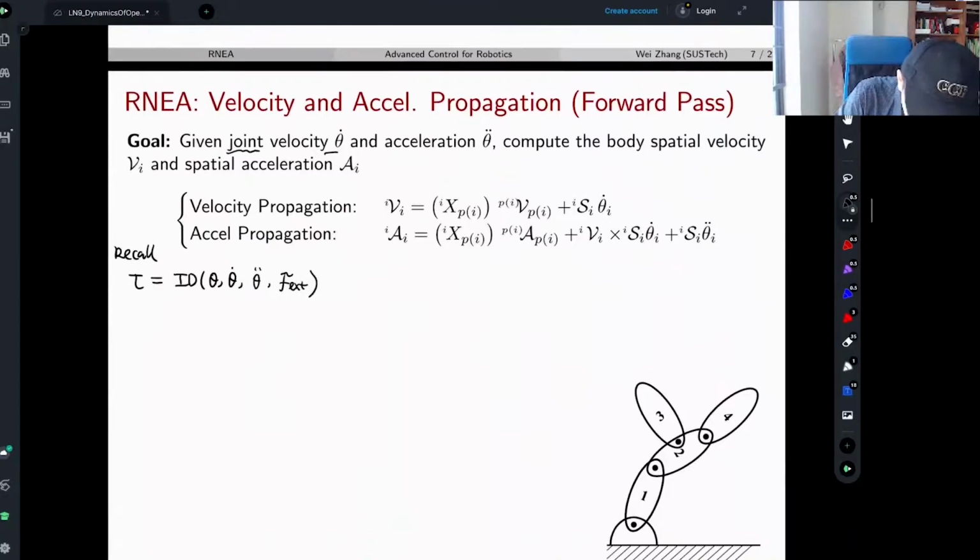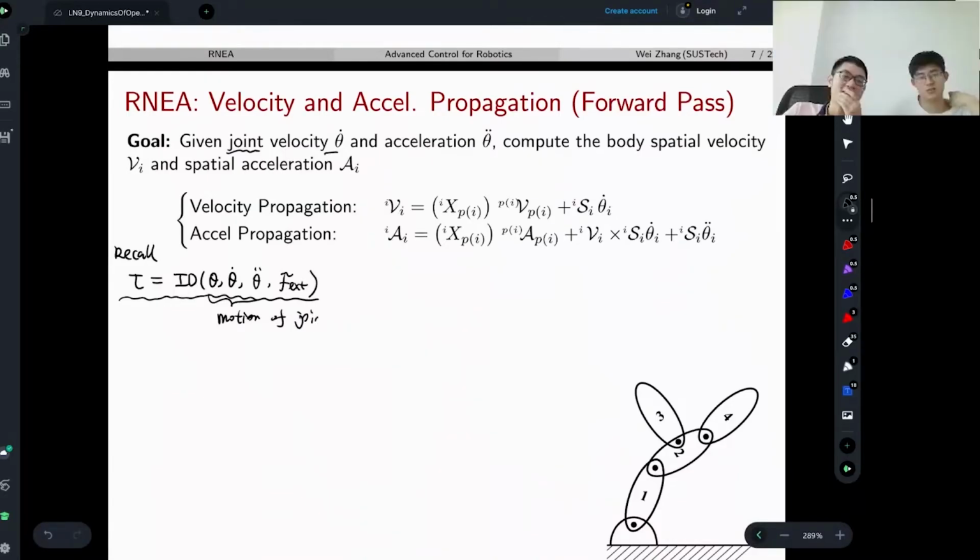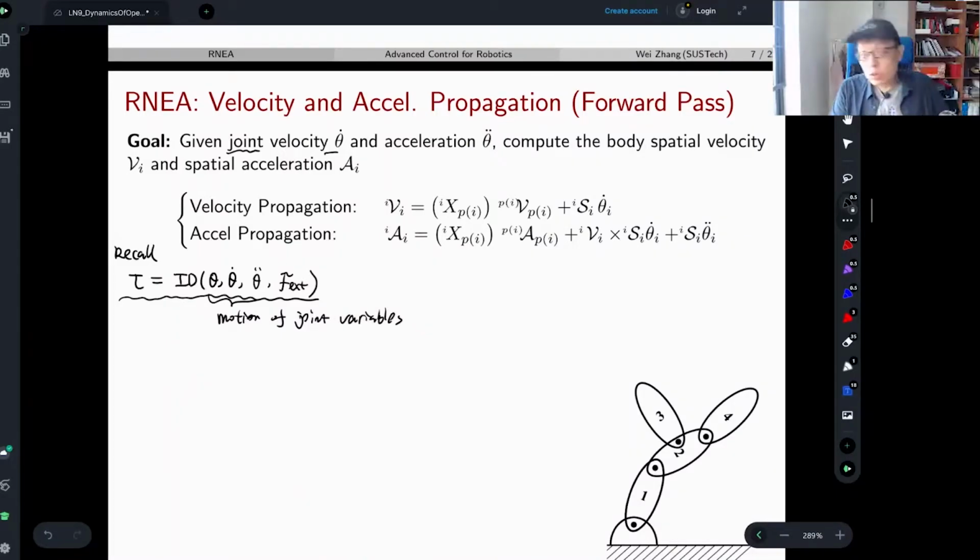So first, the forward path part: given this, I want to find each individual body's spatial velocity and spatial acceleration. Basically, I want to find the motion of each body. What's given is the motion of the joint variables. I want to use them to propagate to find out the motion of each body.